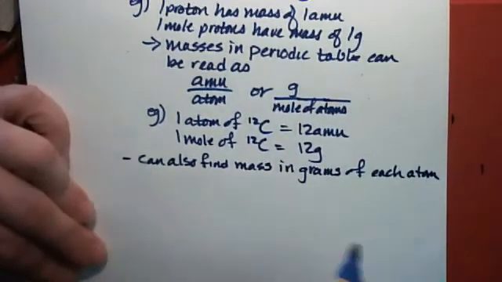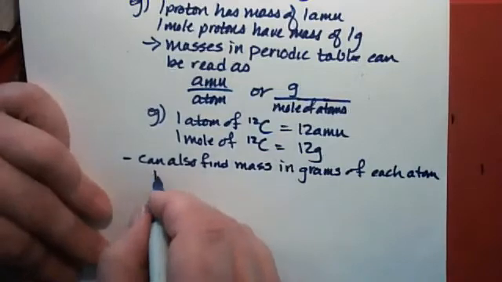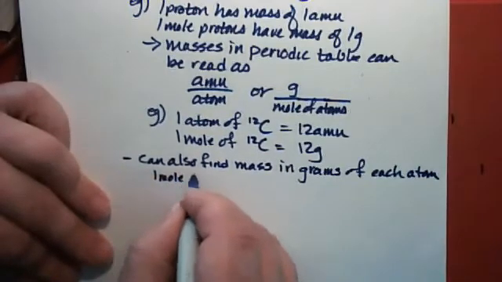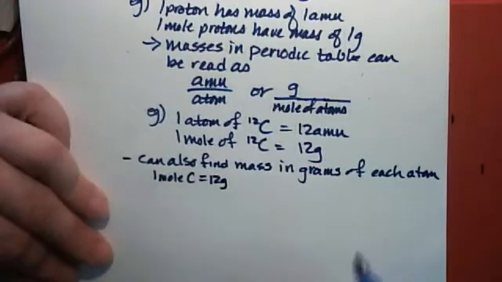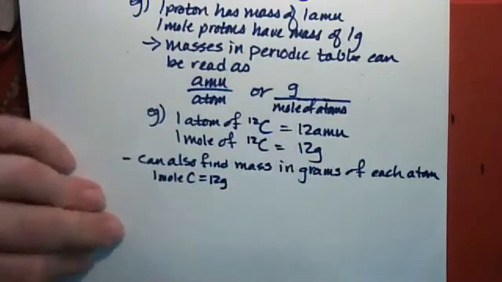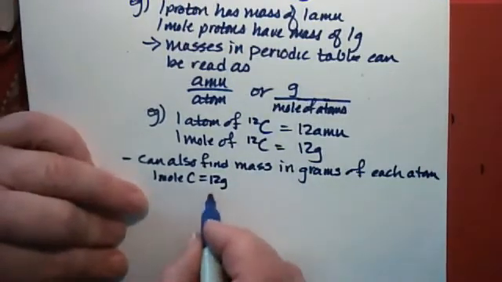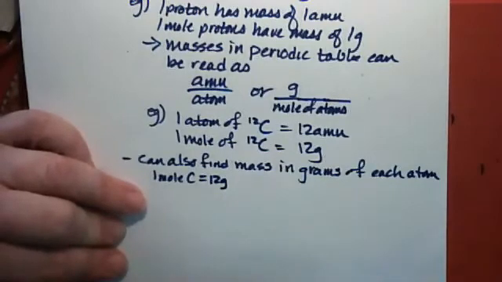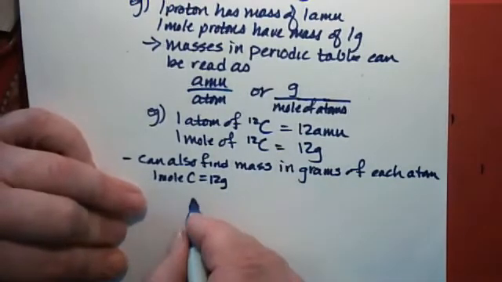If you want to find the mass of each atom of carbon-12, then you can just take the mass divided by the number of atoms that have that mass collectively.